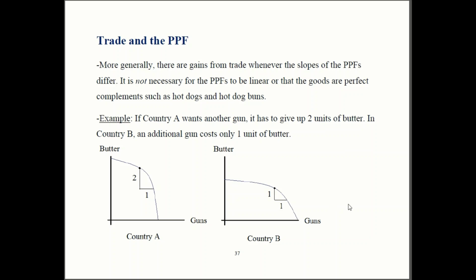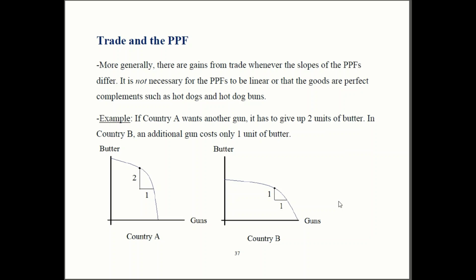Let's verify. If you're in country A, the slope is -2. That means it costs you 2 units of butter to make 1 additional gun. If you're in country B, the slope is 1. So that means it costs you 1 butter to make 1 more gun.